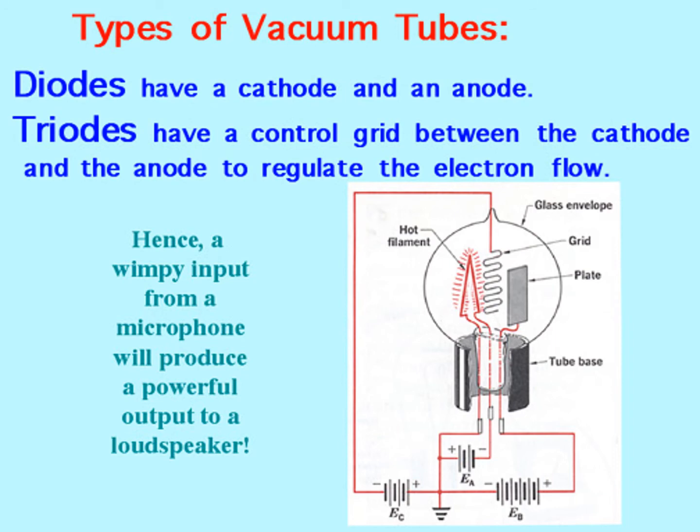It was discovered that if you put a control grid, here's the control grid, here's a thermionic plate over here on the right, and here's the current carrying wire made like a little diamond over on the left. If you add the control grid to it, the devices were called triodes.